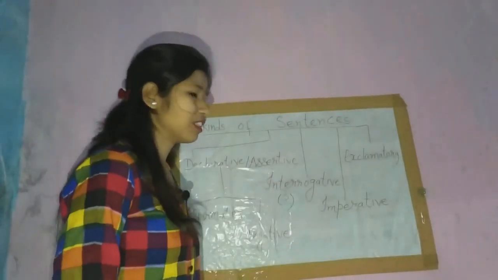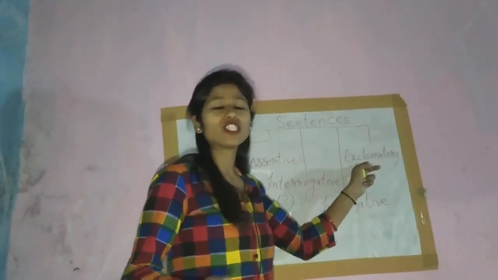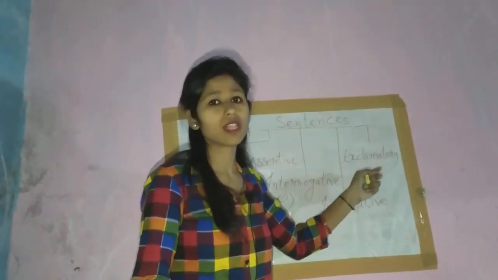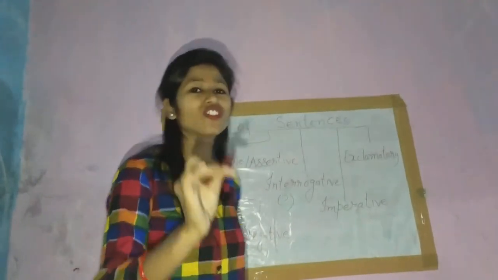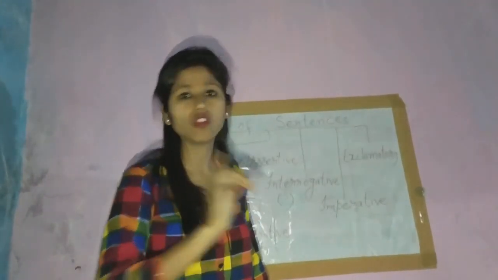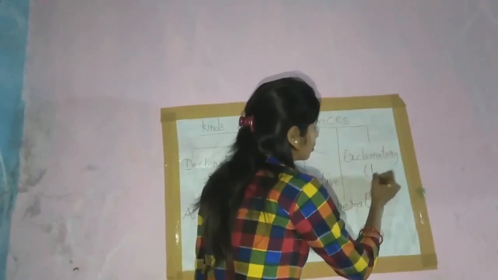And again, the thing to remember is it can start with WH words, just like the interrogative sentences. But the punctuation mark used here is not a question mark. It is an exclamation mark.